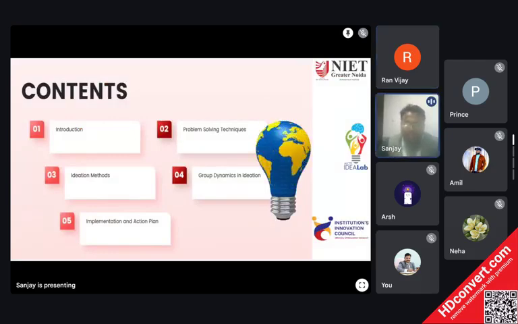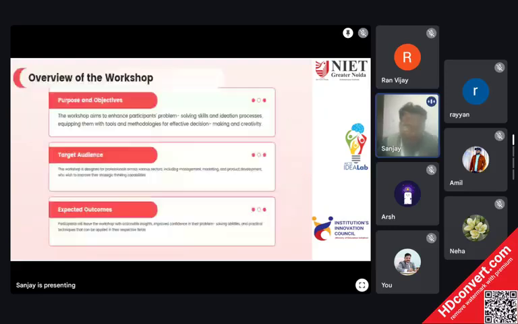So the outline of the session is based on the introduction, problem solving techniques, ideation methods, group dynamics in ideation, and implementation and action plan. This is the outline which will be covered in the upcoming 30 to 45 minutes.